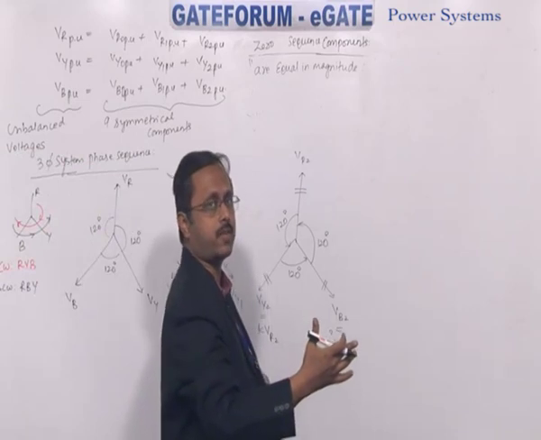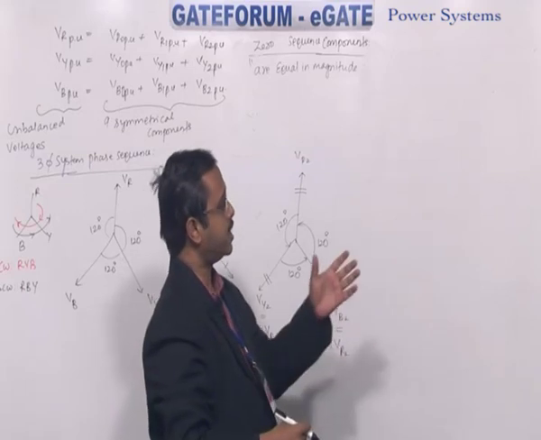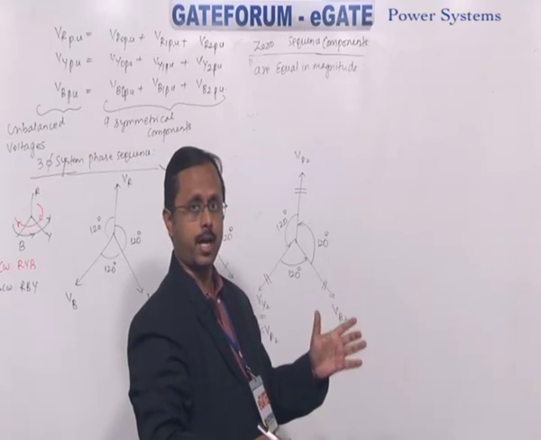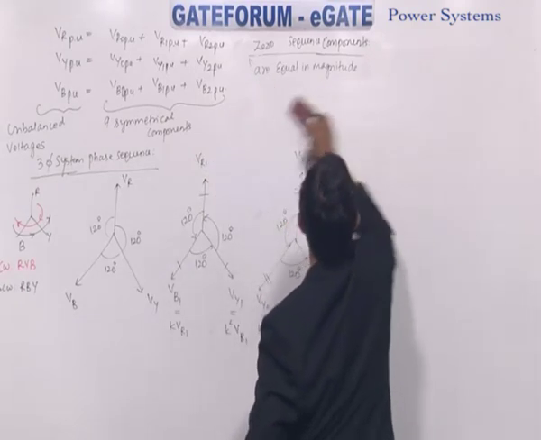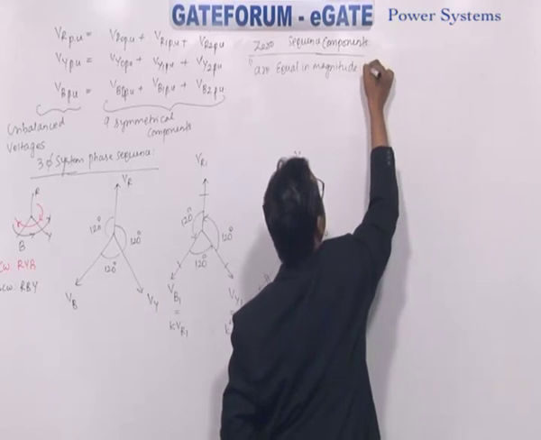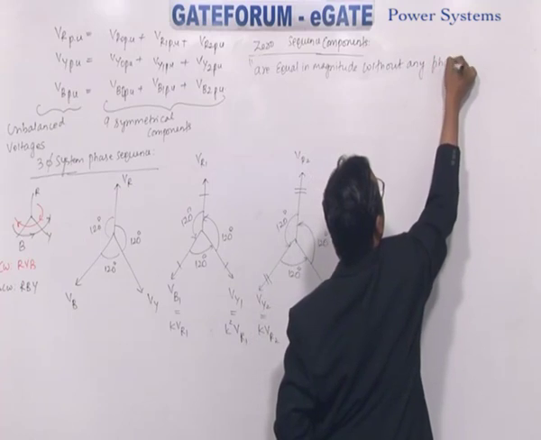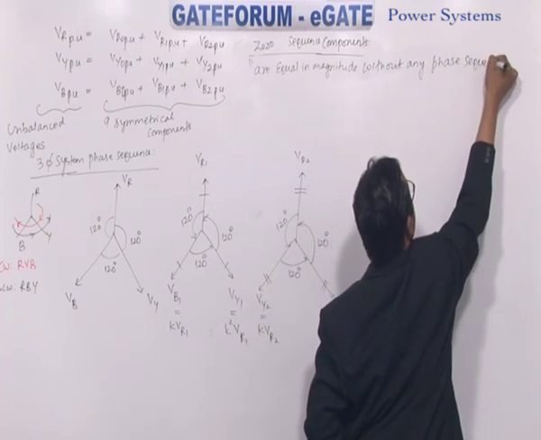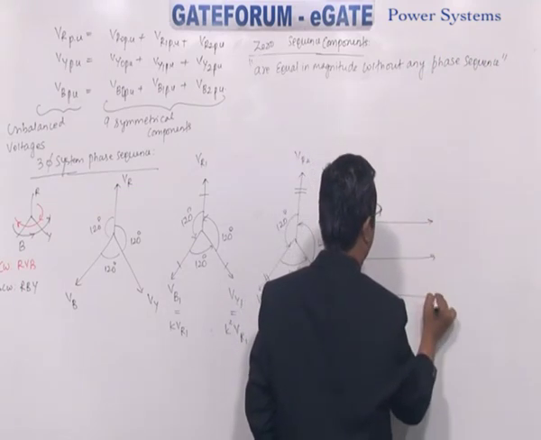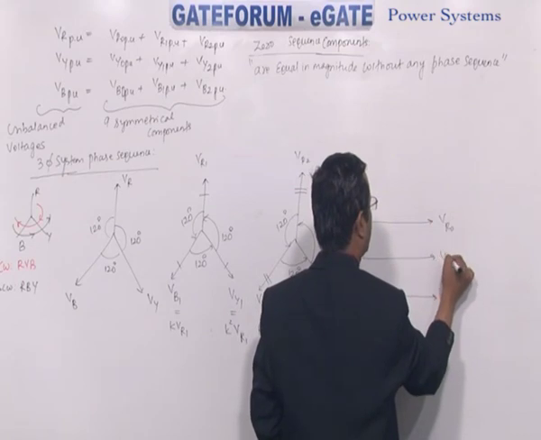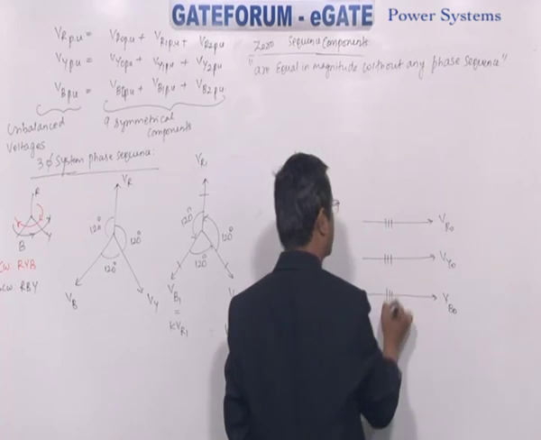Now is there any phase sequence left out? No phase sequence. So zero sequence components do not have phase sequence. So zero sequence components are equal in magnitude without any phase sequence. So you represent them just parallelly. R0, Y0, B0. All these three are equal.